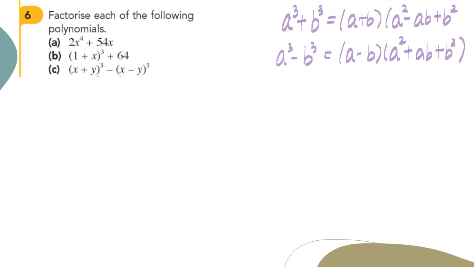So it's quite easy to remember the formula. If you observe, there's a pattern in the formula. If you have a cubed plus b cubed, and then the next term will be a plus b, right?